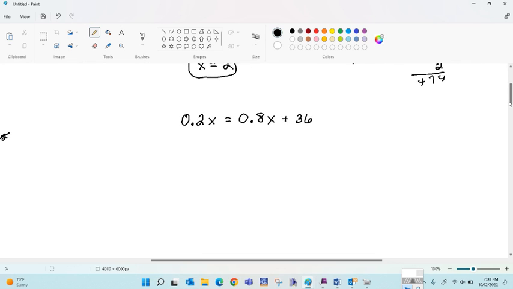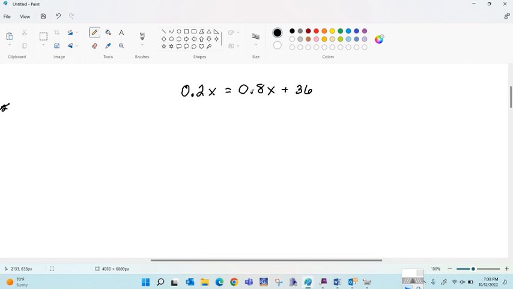Let's look at this one. Let's look at our decimal places. This one's to the 10th place. This one's to the 10th place. So the furthest decimal place is going to be the 10th place.